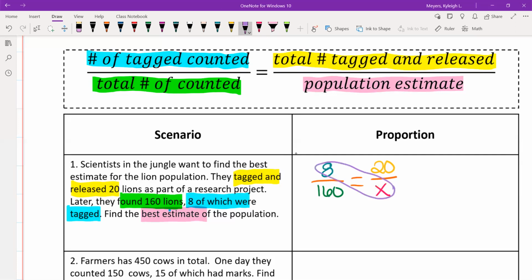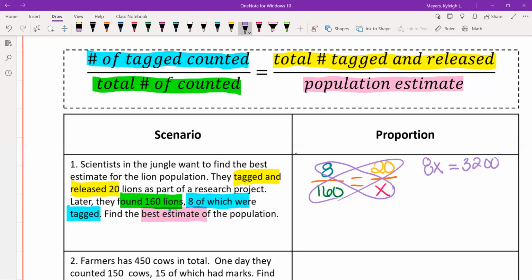You cross multiply. So we do 8 times x, which will be 8x. And then we do 160 times 20. So do 160 times 20 in your calculator. 160 times 20 is 3,200.